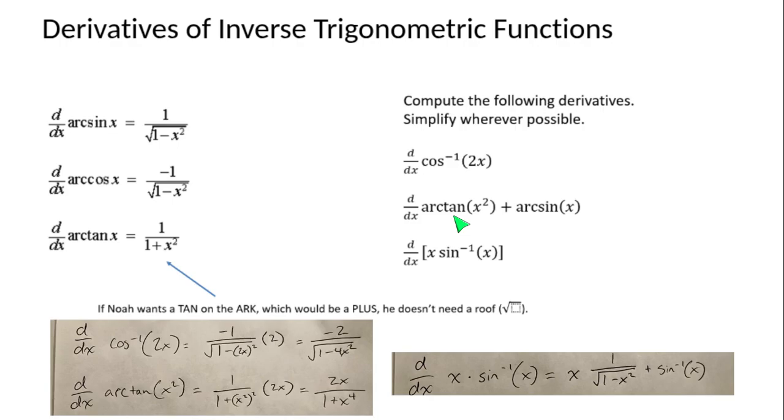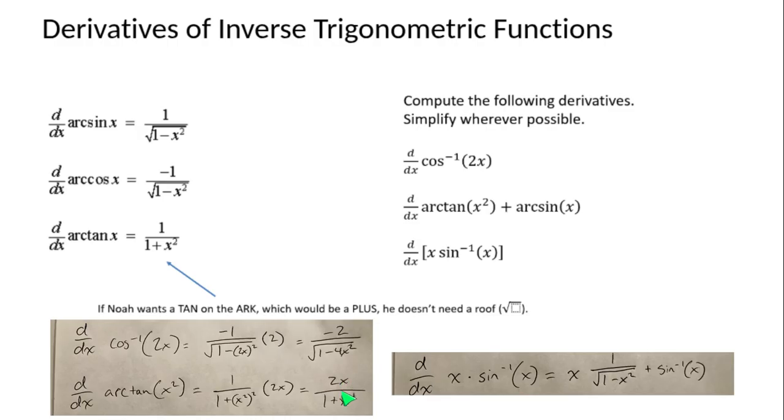I appear to have forgotten derivative of arcsine in my answer, so I'll just tell you what it is. My apologies. I'll blame it on the sickness. So, the derivative of arctangent of x squared is going to be derivative of arctangent, 1 over 1 plus x squared, except we need to put an x squared in the x spot, which I do, and then I multiply that by the derivative of the inside, which is 2x.